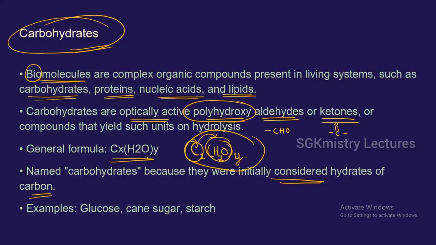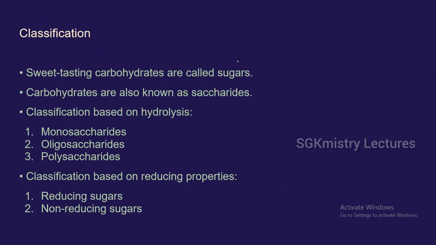Examples of carbohydrates are cane sugar, glucose, and starch. There are certain carbohydrates which are sweet in taste. They are called sugars. The most common sugar used in our homes is sucrose, whereas the sugar present in milk is called lactose.